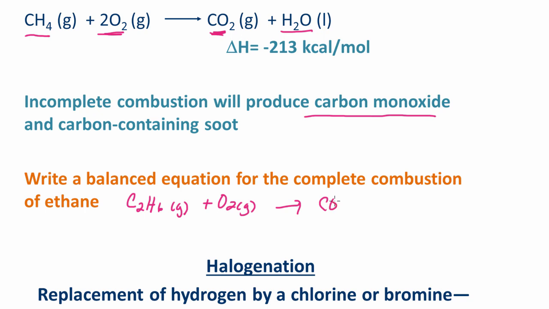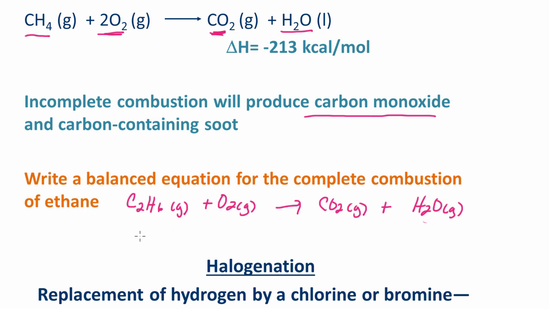In complete combustion, we only get 2 products, carbon dioxide and water. And sometimes you'll see the water as a liquid and sometimes as a gas. That's just going to be dependent on the temperature of the combustion reaction. So at higher temperatures, you'll get the gaseous water. At lower temperatures, liquid water.